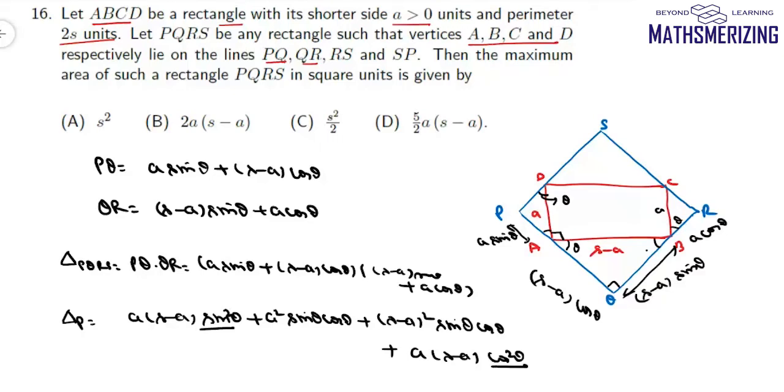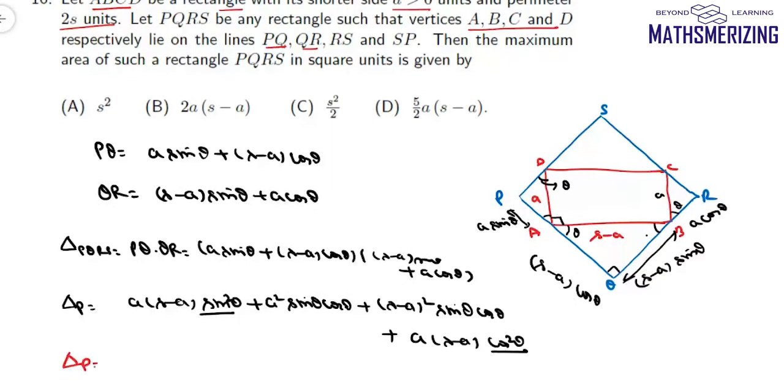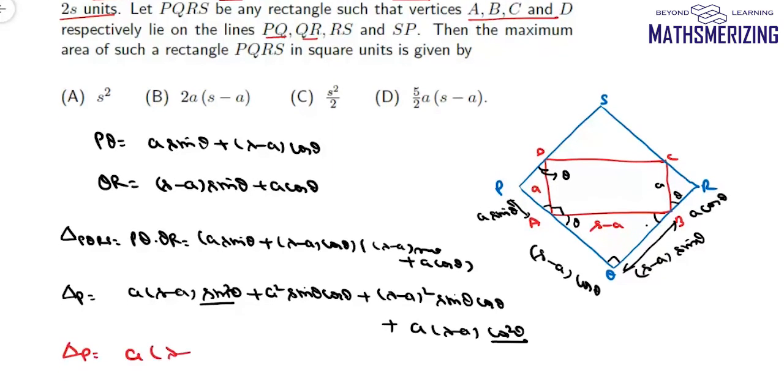Now sin square theta plus cos square theta will be 1. So I can write this area as a into s minus a, and then plus here we'll have a square plus s minus a whole square into sin theta into cos theta. So I'll multiply it by 2 and I'll divide it by 2. So now this is sin 2 theta. Now the maximum value of sin 2 theta is simply 1.